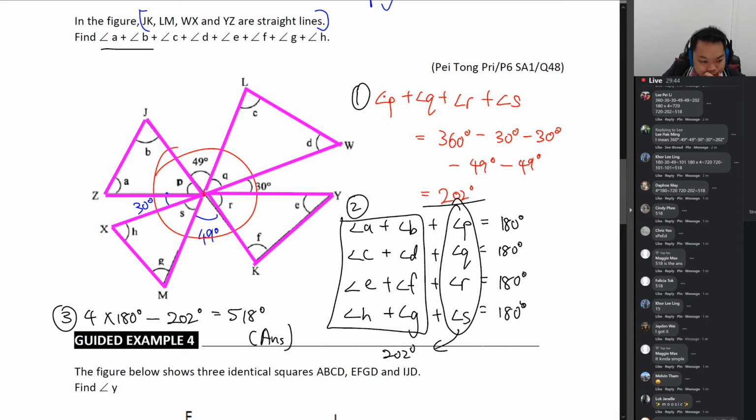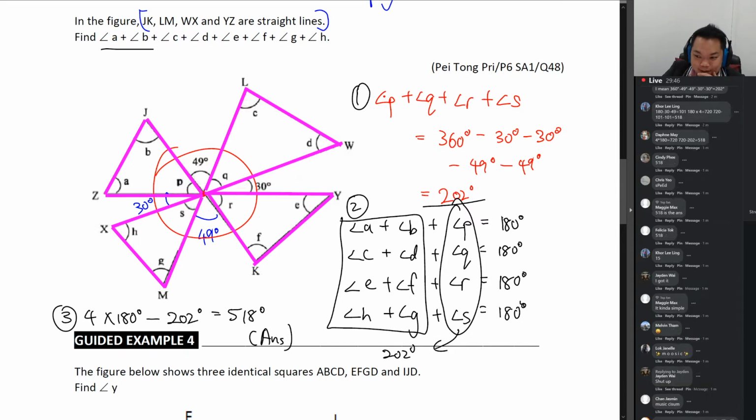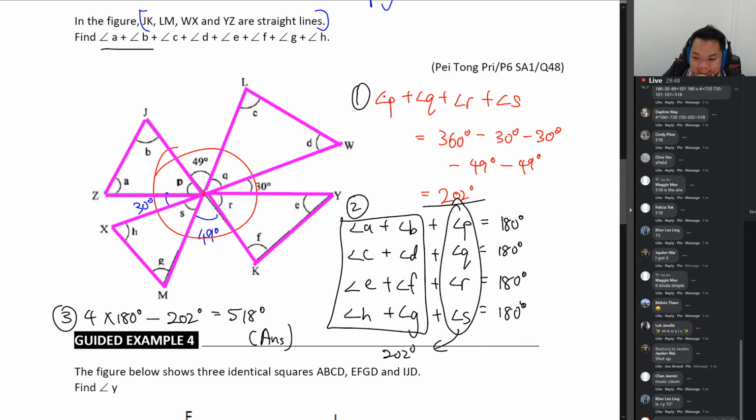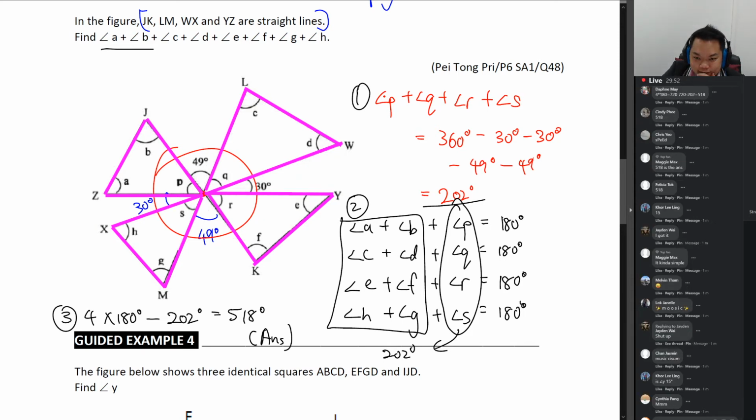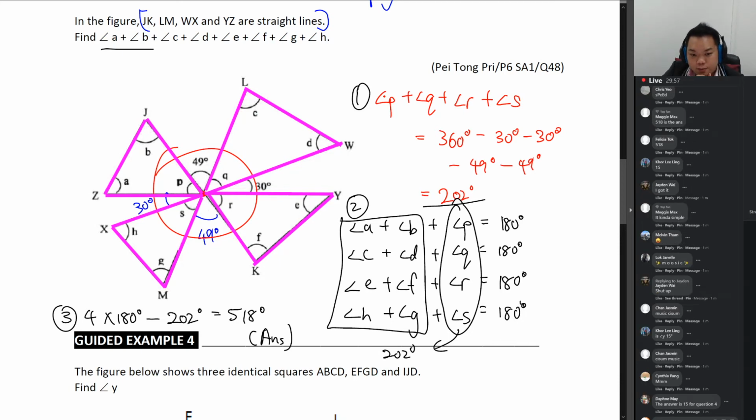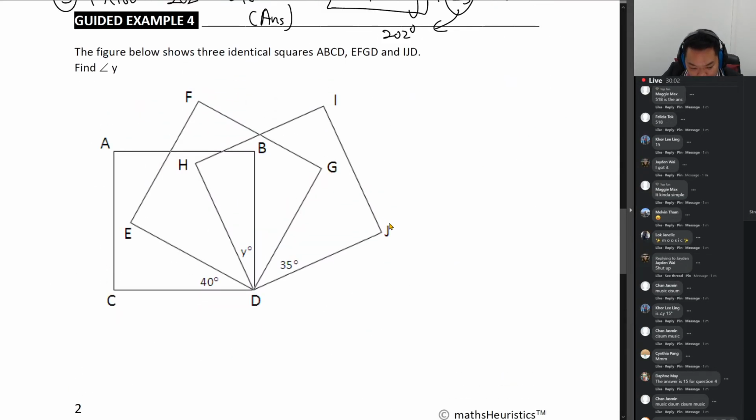Okay, it's kind of simple. Well, this one you call it simple. Okay, so let's move on to the next one.